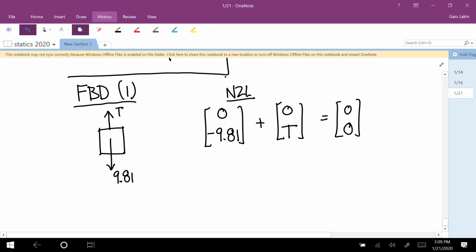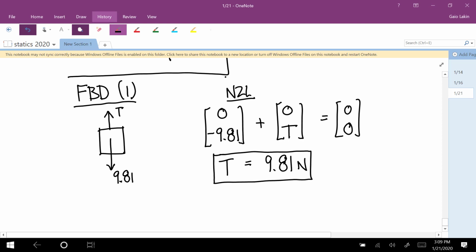The x equation doesn't give us anything useful, but the y equation says T is equal to 9.81. And so that's why we isolated this first, so we could calculate that cable tension.